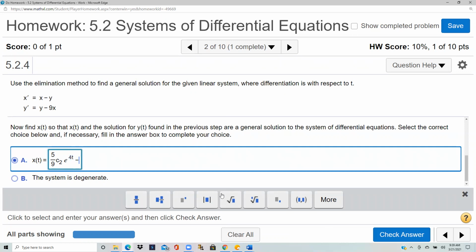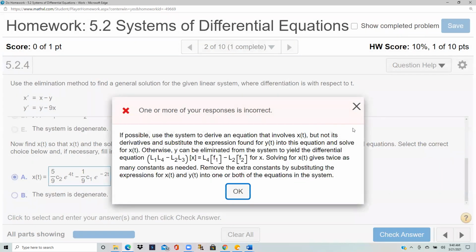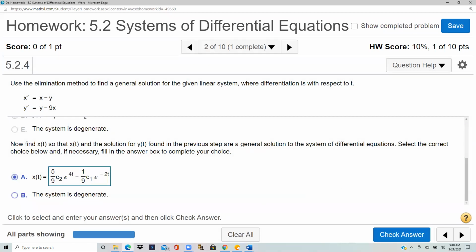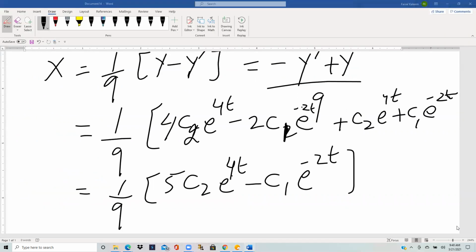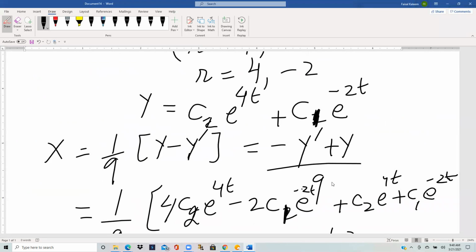Minus 1 over 9 c1 e to the negative 2t. Let's go back. Okay, 1 over 9 negative y prime plus y.